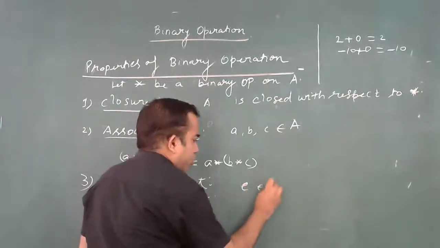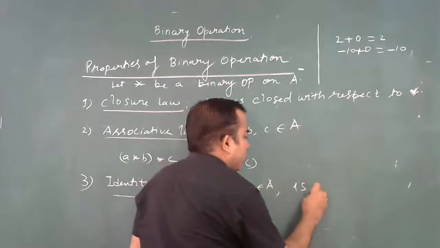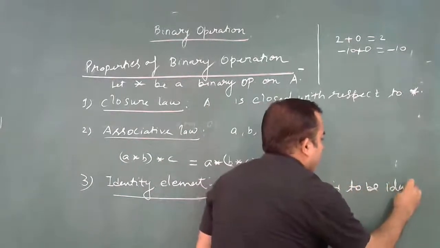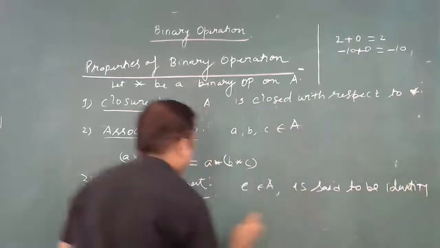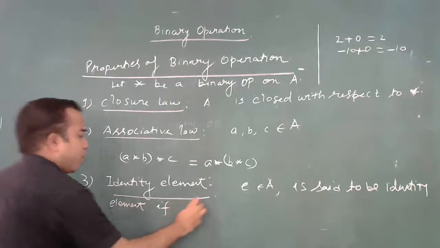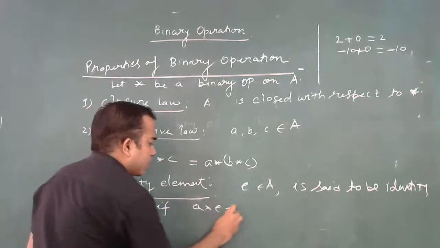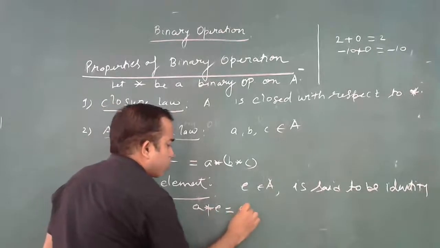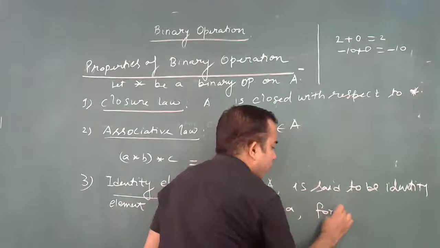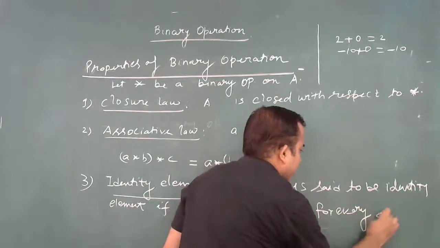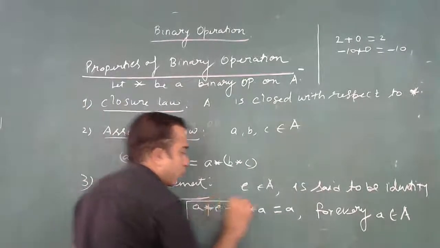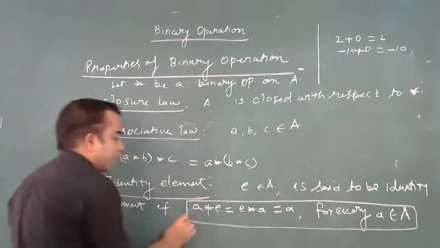E belongs to A, of course, is said to be identity element if A star E is equal to E star A is equal to A, and very important, for every small a belongs to capital A. And let me write and close it within the box and keep it like that.